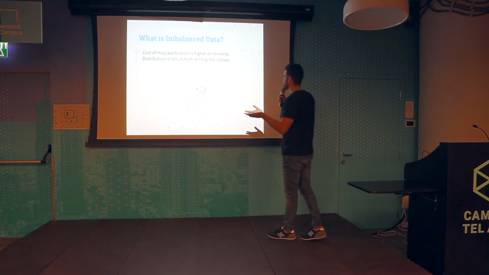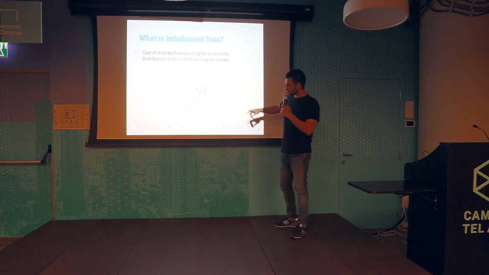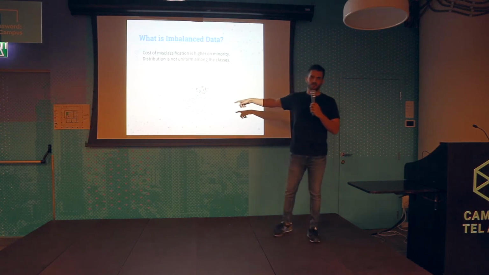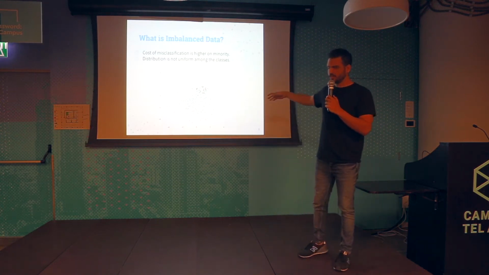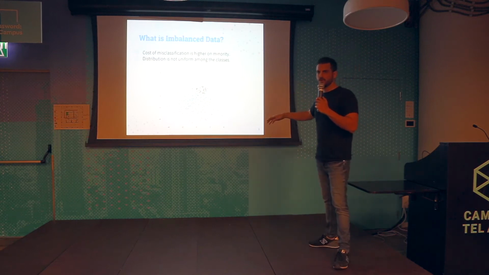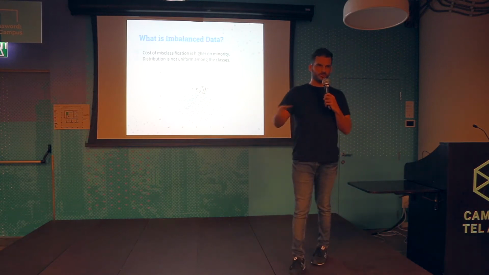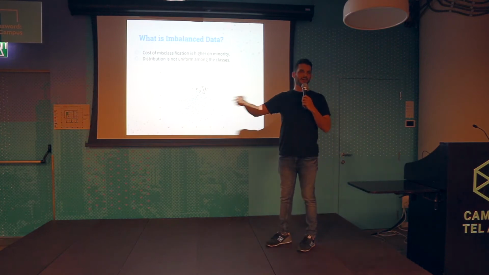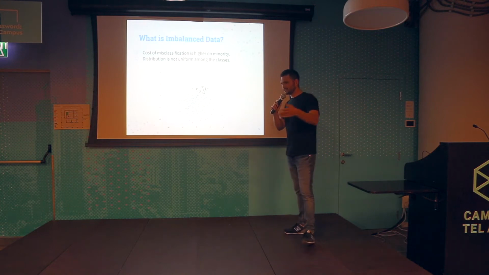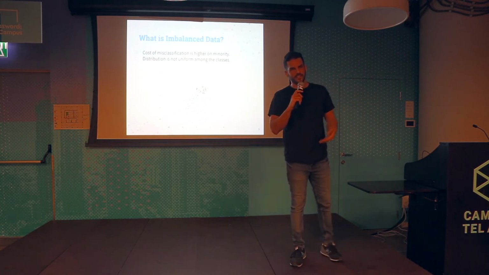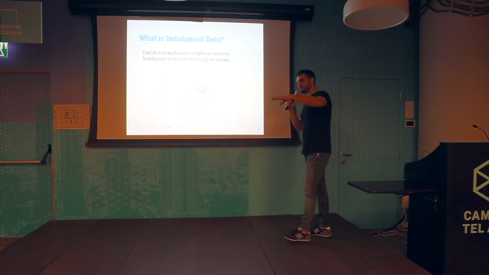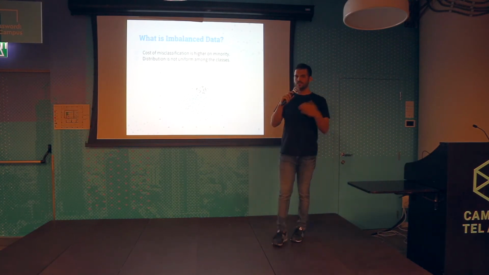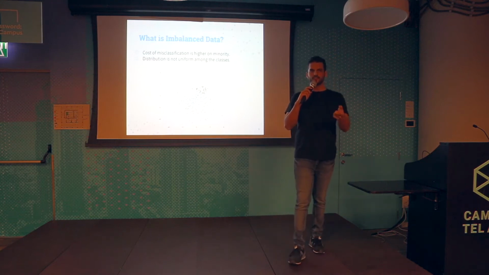Imbalanced data means that we have a large chunk of data points which are the negative samples. They're the ones who haven't clicked, the ones who do not have cancer, and the bank transactions that are not fraudulent. I'm going to stick with the fraudulent bank transactions for this talk, just so we'll be on the same page. So the distribution is not uniform, and usually the minority class is the interesting one.